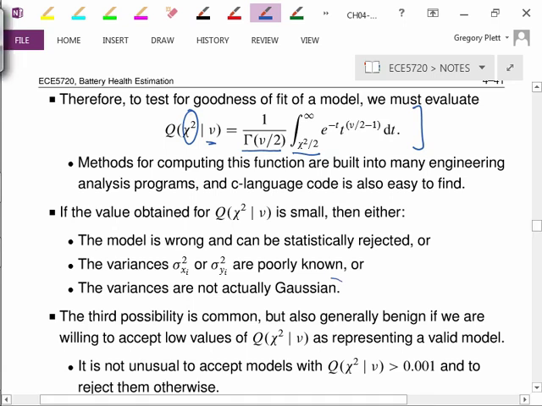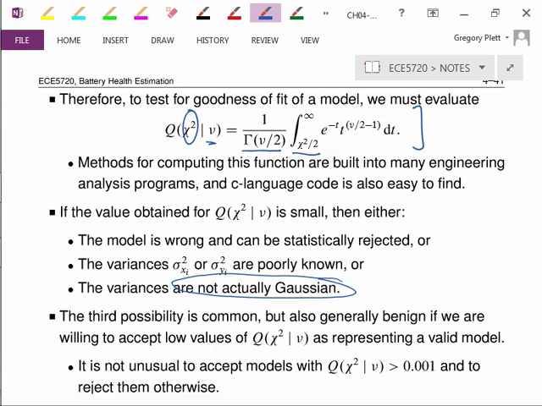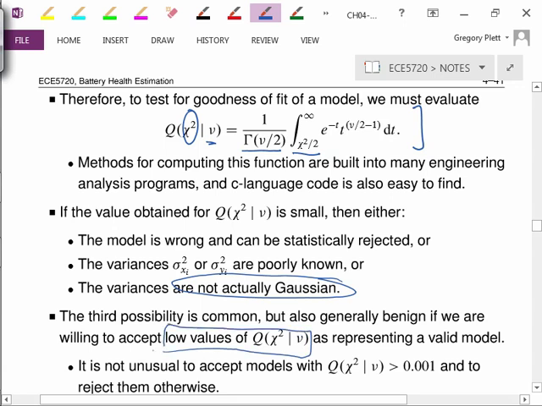Now this is usually true. It's probably never true that we have an exact Gaussian, but the literature seems to indicate that even if I don't have Gaussian errors, as long as they're zero mean and uncorrelated, that's probably not a big deal. We just need to be willing then to accept fairly low values of Q as a good fit.